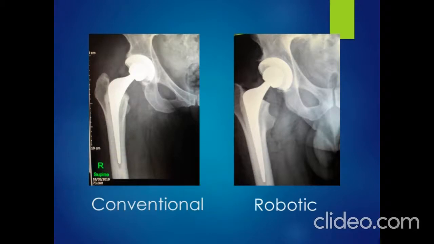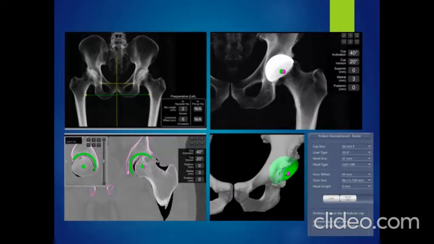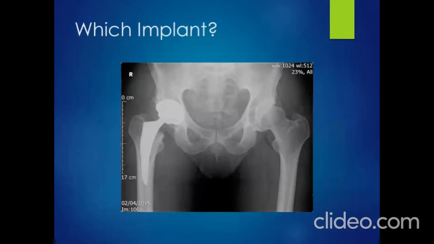But undoubtedly, we can see better positioning of joint replacements and better equalization of leg length and offset through use of these fantastic technologies that you've already seen. So with meticulous preoperative planning and execution to within a millimetre or a degree of where you want to put it, we can achieve very good positioning of implants.